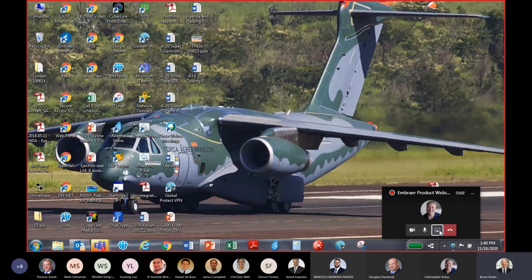I don't have those things memorized, but while we're talking here, I could probably pull up a slide and show you. Basically, it's a limitation of payload and/or volume, right? So, for example, a military tank.